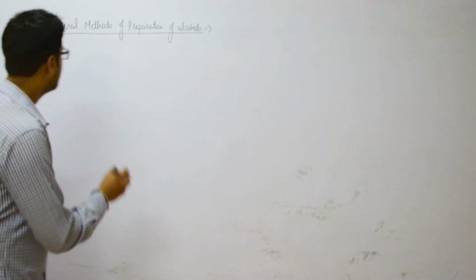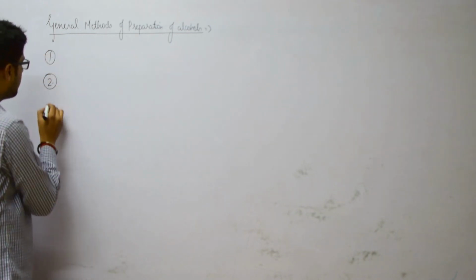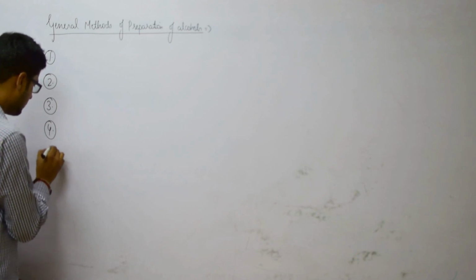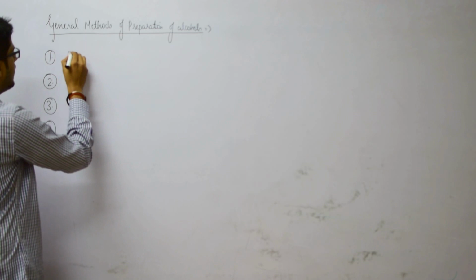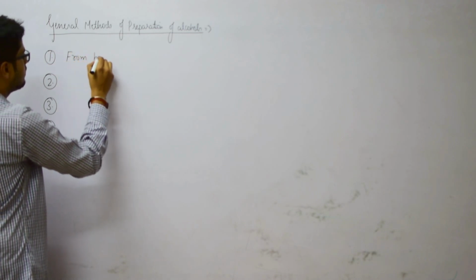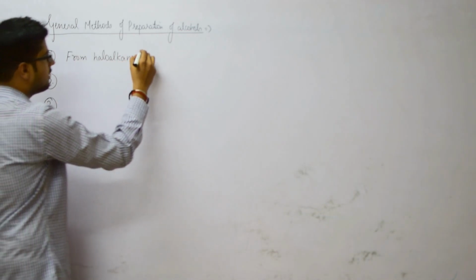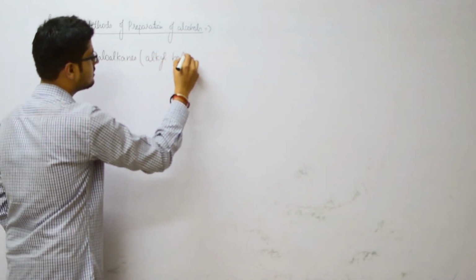So there are 5 methods by which alcohols can be prepared on a small scale. First is from haloalkanes, or we can also say from alkyl halides, that are common names.